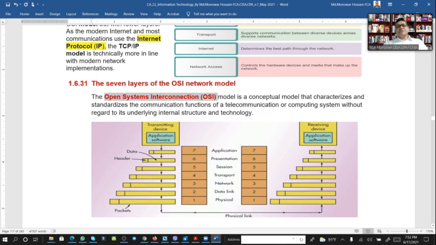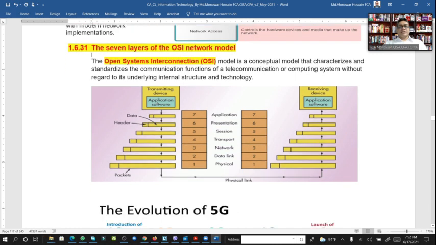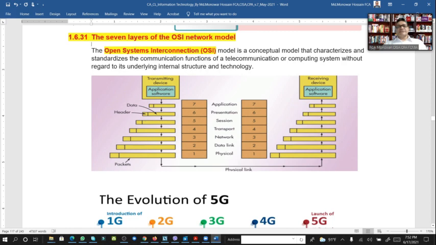Open System Interconnection, that means OSI, has 7 layers within this model. This OSI model is a conceptual model that characterizes and standardizes the communication functions of a telecommunication or computing system without regard to its underlying internal structure and technology.